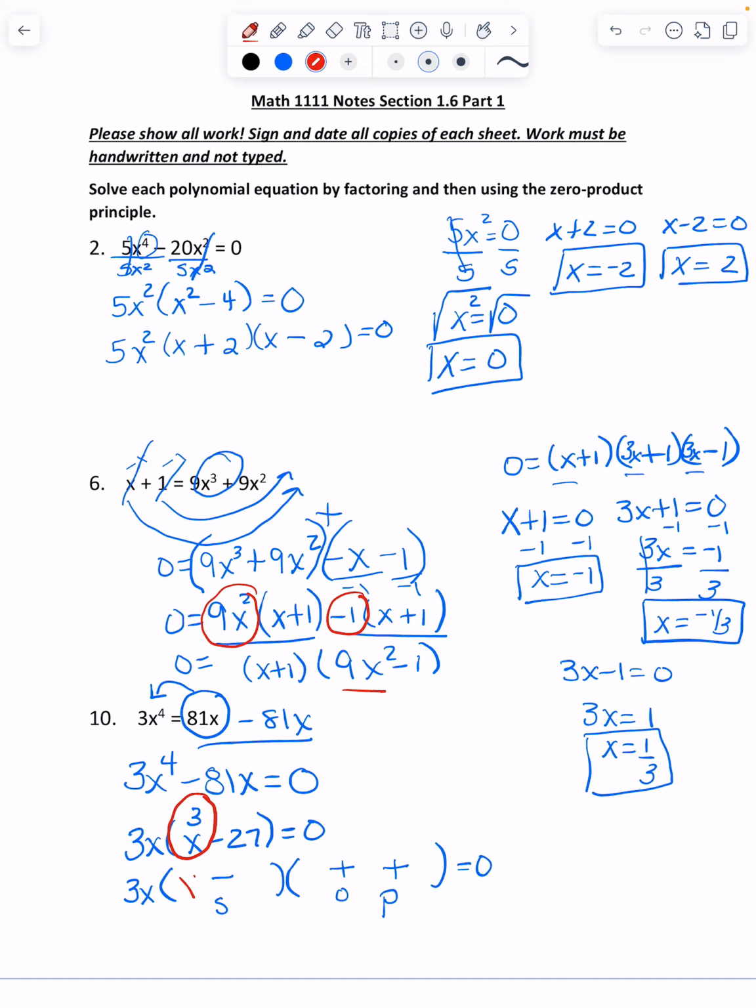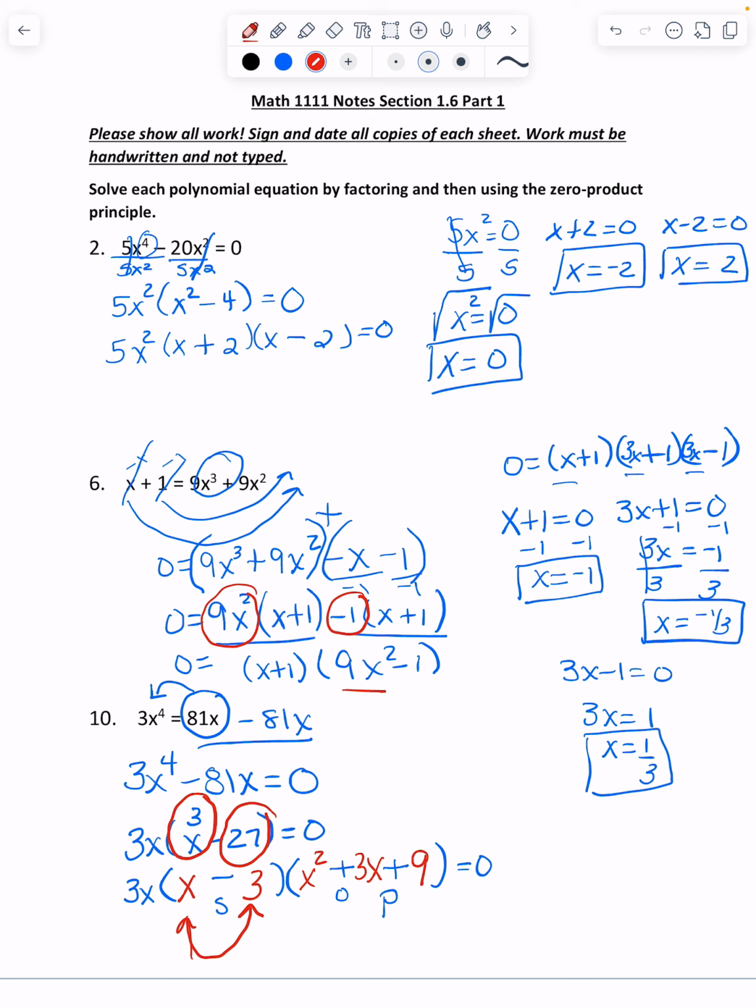That's going to be x. What number do I cube to get 27? That's going to be 3. And then the pattern is that I'm going to square this number, multiply these together. 3 times x is 3x, and square the last term.